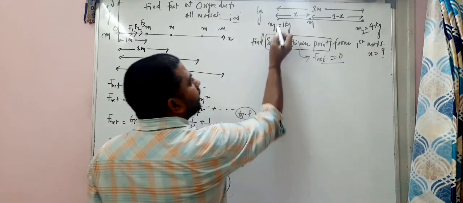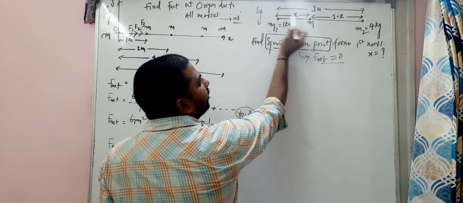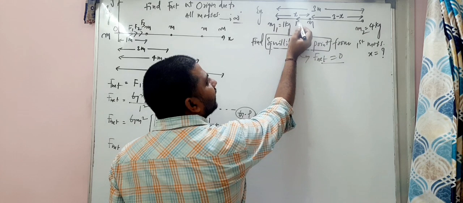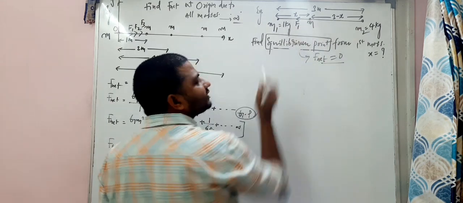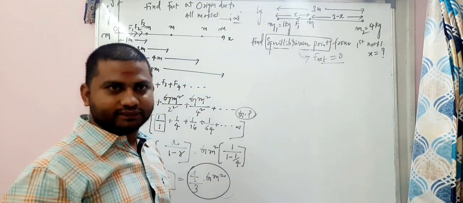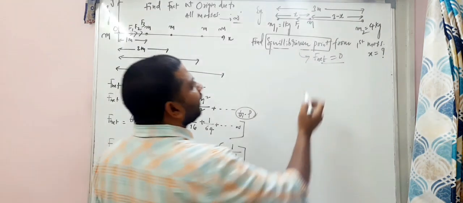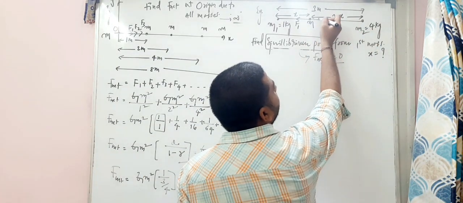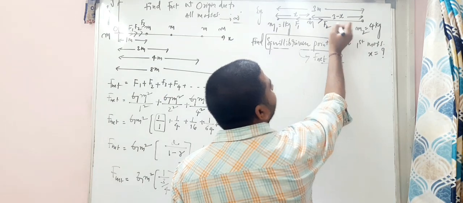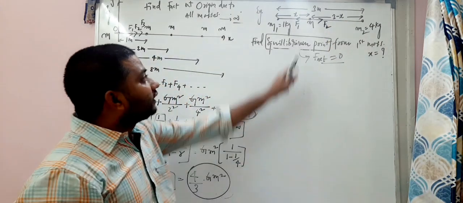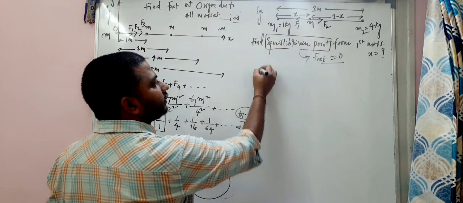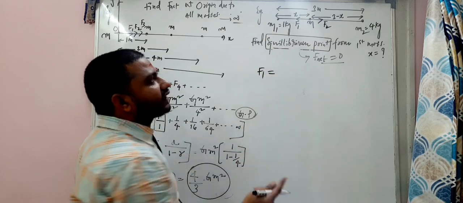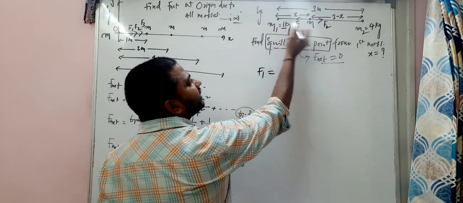Look at here. This mass m1 will act an attraction force F1 on this small mass. And this m2 will also attract this small mass, F2. Carefully see. F1 is the force of attraction between 1 kg and m.